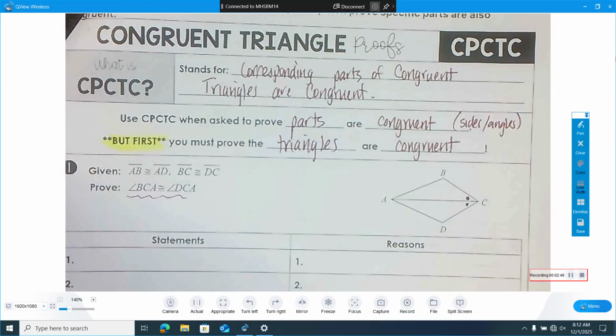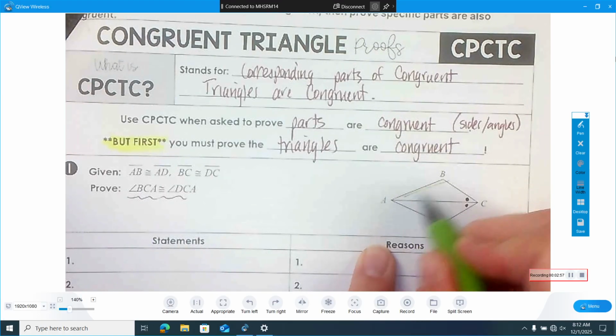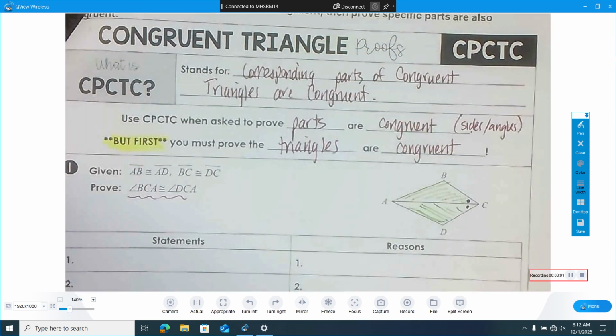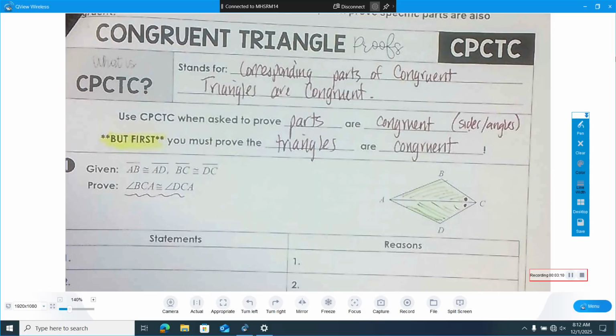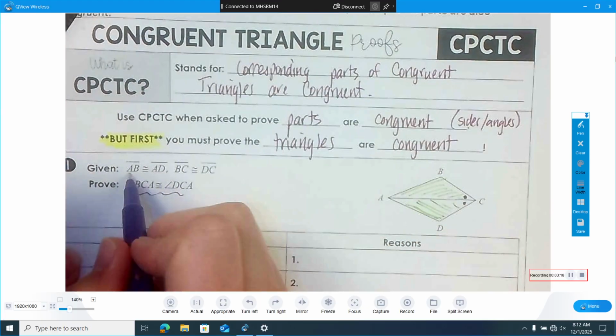So we are trying to prove those congruent, which really means that we're going to have to prove we have this top triangle and the bottom triangle. So we need to prove those 2 triangles congruent first, and then we can say, oh, if those green triangles are congruent, then those red angles must be congruent by CPCTC. Okay? So let's start with, as always, the givens.